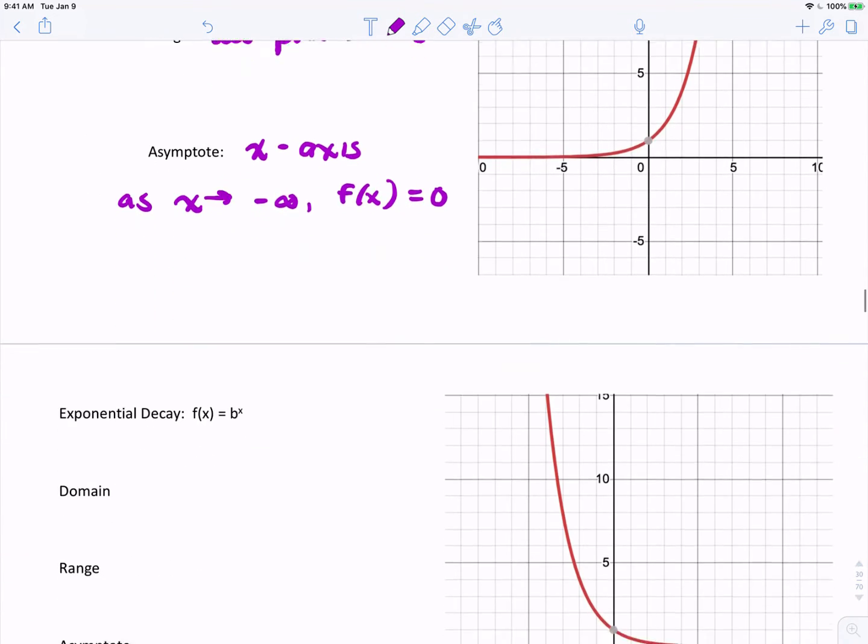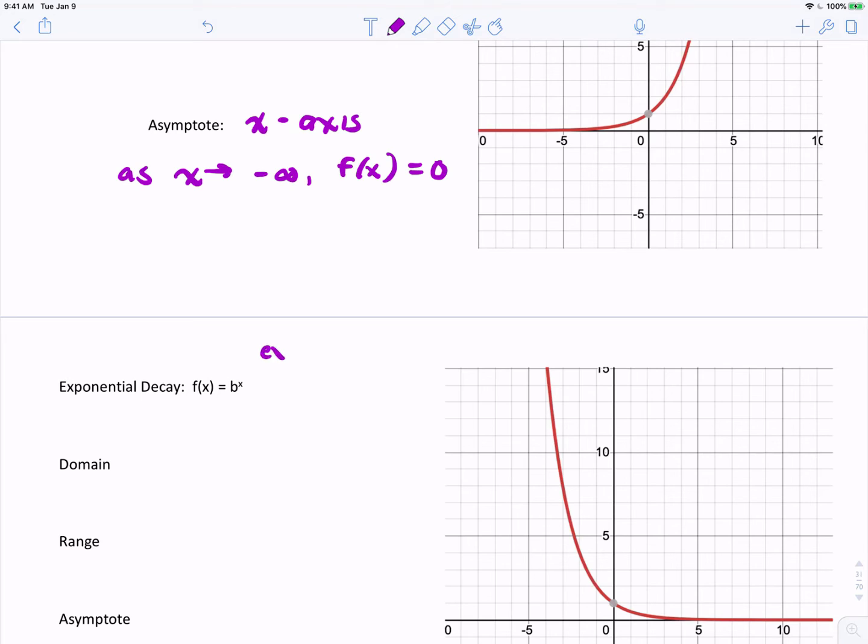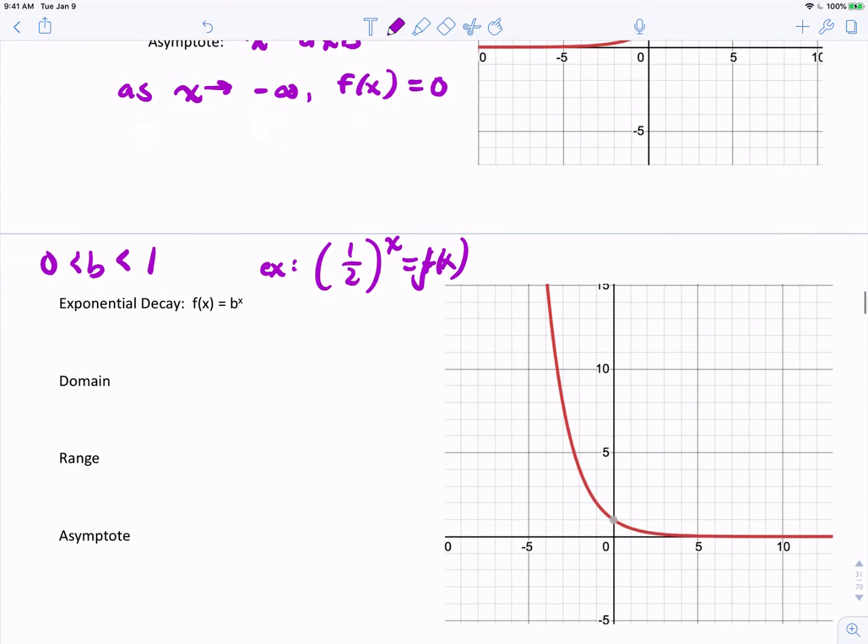The second example, 1/2 to the x, is an example of exponential decay. When your base is between 0 and 1, you're looking at exponential decay. Again, the domain is all real numbers because there's no number that you cannot use as the exponent of an expression.